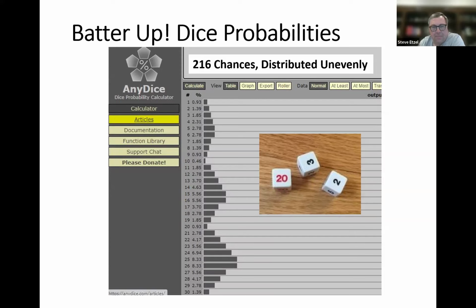And that's about 0.5%. On the other hand, the dice rolls in the mid-20s in Batter Up are much more frequent, and the most frequent ones, like 25 and 26, occur a little over 8% of the time.